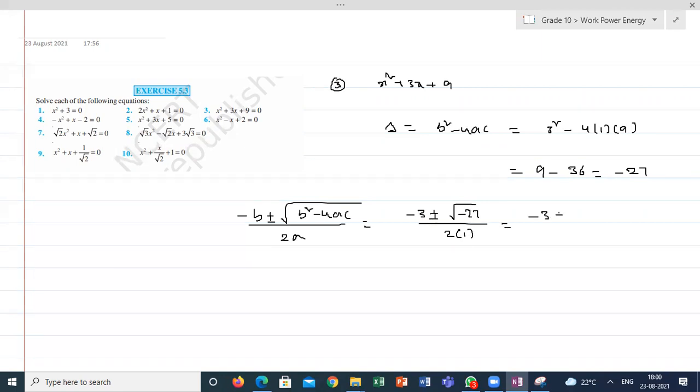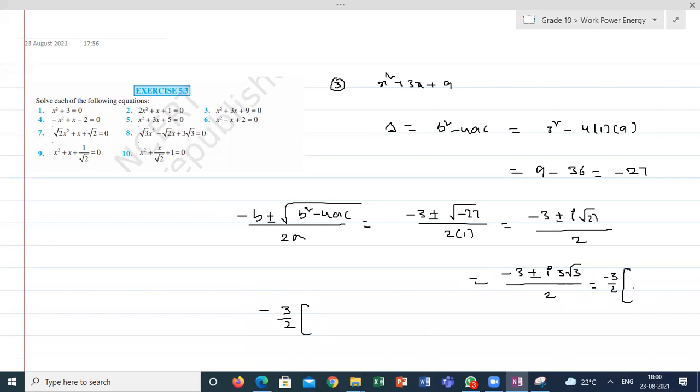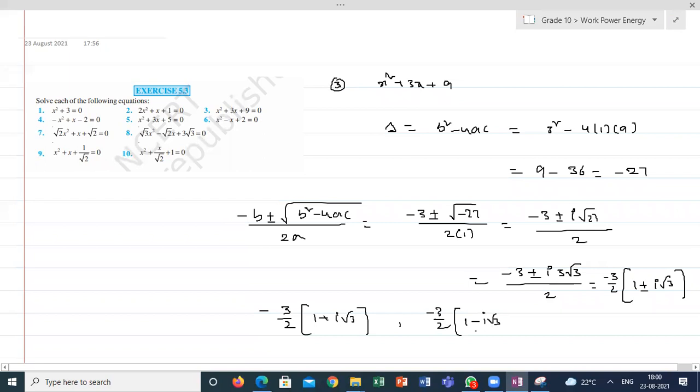This is minus 3 plus or minus I root 27 by 2. So minus 3 plus or minus I 3 root 3 by 2. So the roots are minus 3 by 2. If I take minus 3 by 2 common, 1 plus or minus I root 3. So it is a simpler form: minus 3 by 2 into 1 plus I root 3, and minus 3 by 2 into 1 minus I root 3.